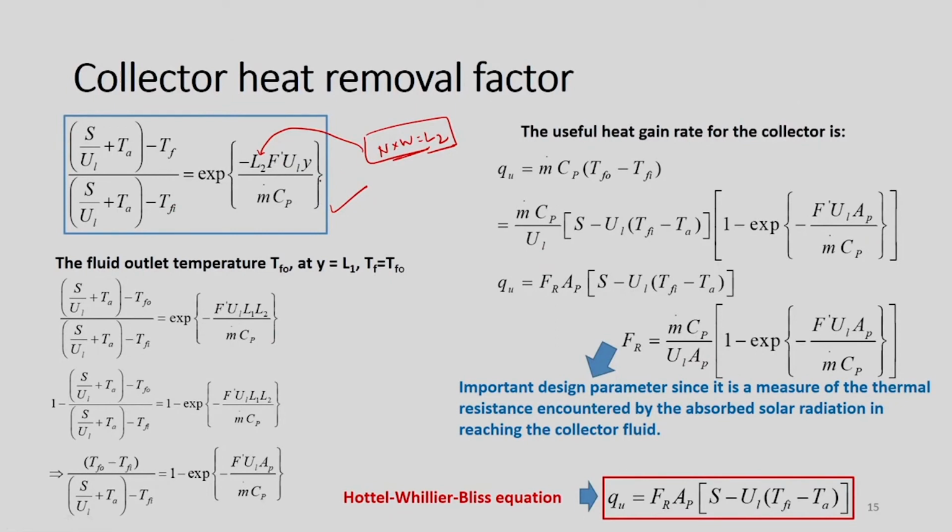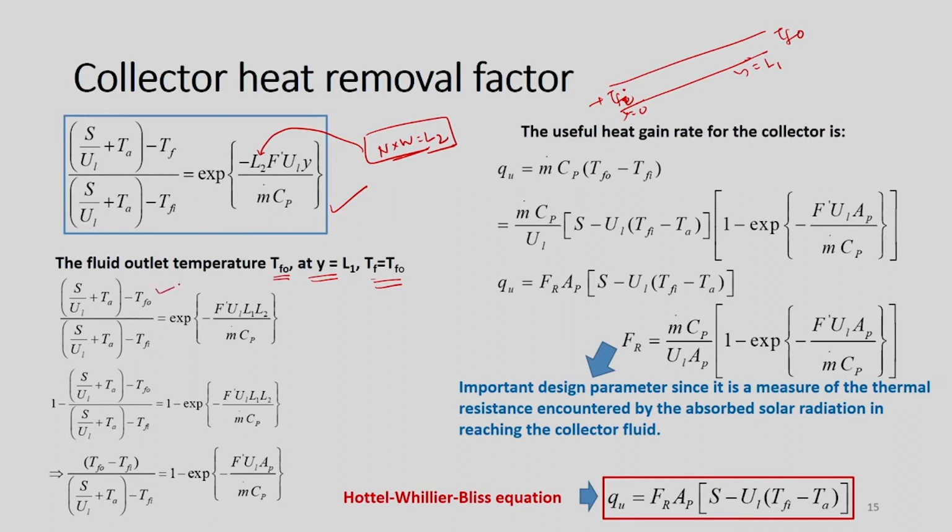Okay. Now the fluid outlet temperature TFO at y is equal to L1, because length of the tube is L1. Okay. So TF is equal to TFO, that is obvious. So tube is here. This is the, so y was 0, and when it was y is equal to L1. Okay. So this is nothing but this is TFI, this is TFO, right. So that is how we can write this expression something like this.